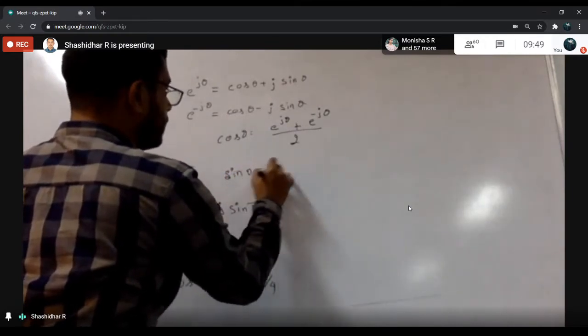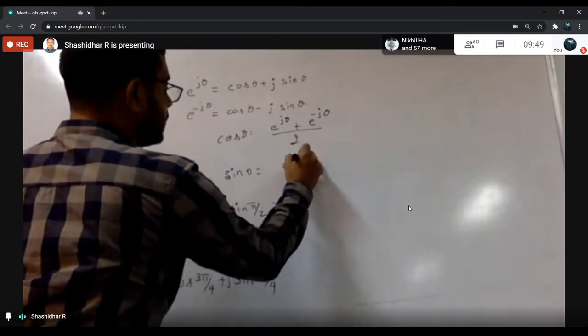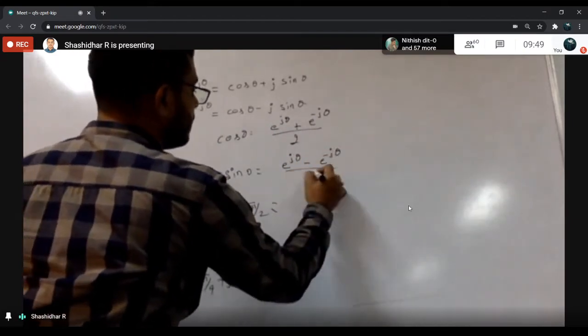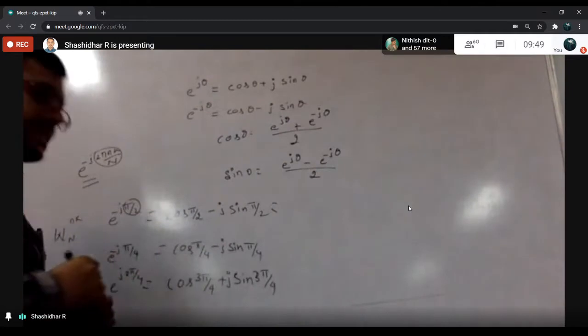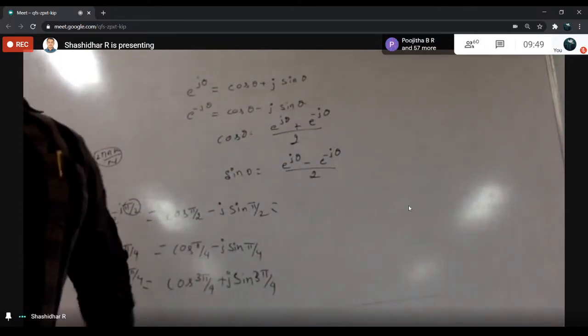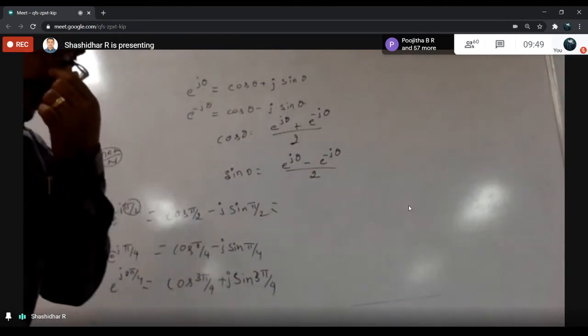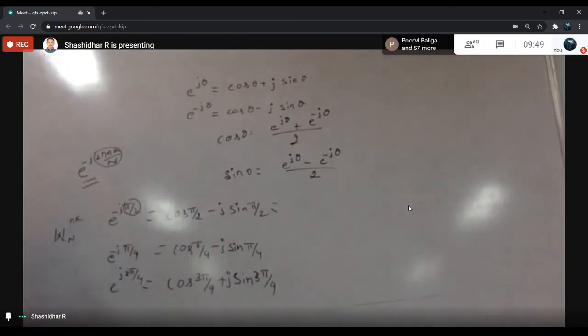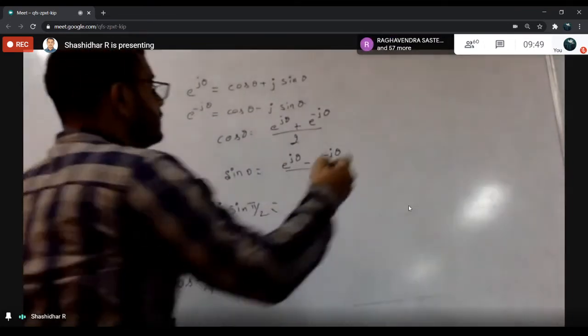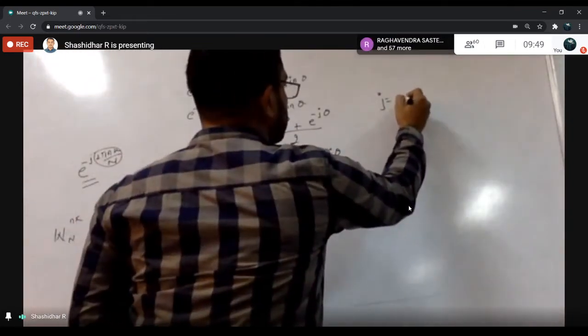Sin theta is equal to e to the power of j theta minus e to the power of minus j theta, divided by 2j. These are the basic equations. Actually, people studied this in PU also. So in PU you studied Euler's formula and all. And what is the value of j? j is equal to root of minus 1.